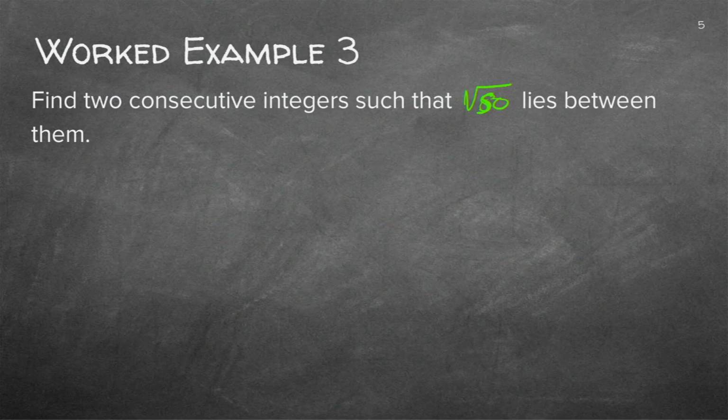Now the first step never changes. Find what the square root of 50 is. The square root of 50 is given by 7.071, many numbers after that, right?